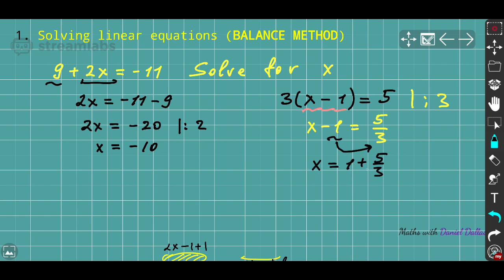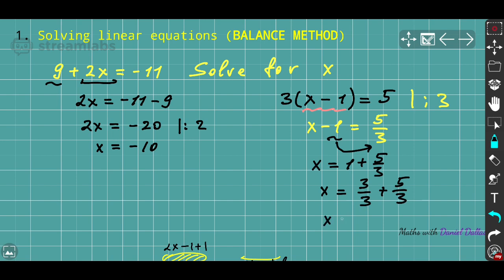Now you just need to add. Just remember, make sure you are able to add fractions. So instead of 1, you use the fraction 3 over 3 in order to add. You add them as normal fractions with the same denominator.